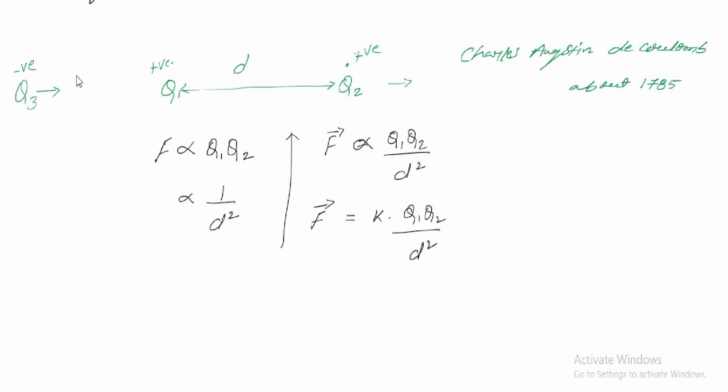K Q1 Q2 by d square gives the magnitude, and the direction of the force is indicated by a unit vector along the line from Q1 to Q2. If this is point 1 and this is point 2, then a12 is the unit vector in the direction from 1 to 2. So F equals K Q1 Q2 by d square times a12, where the magnitude is K Q1 Q2 by d square and a12 is a unit vector which indicates the force direction.